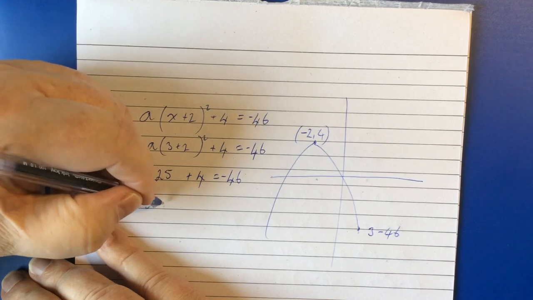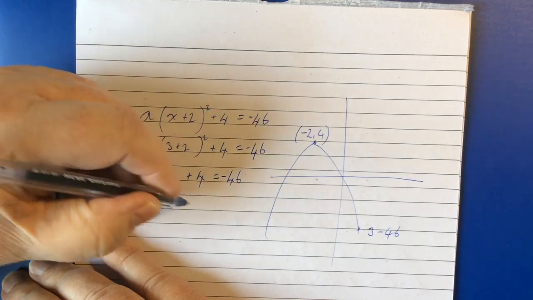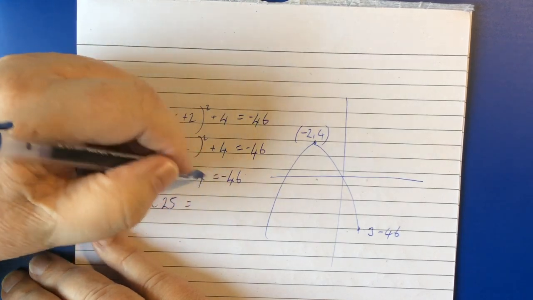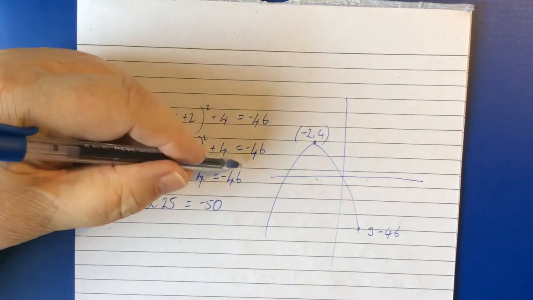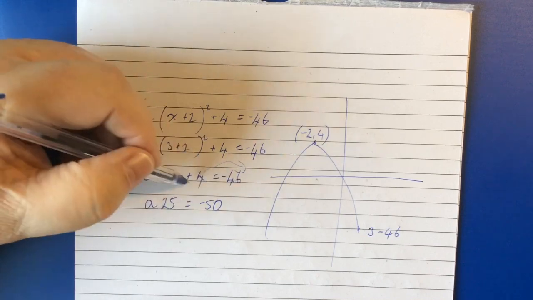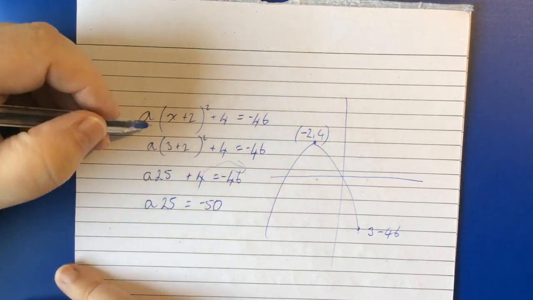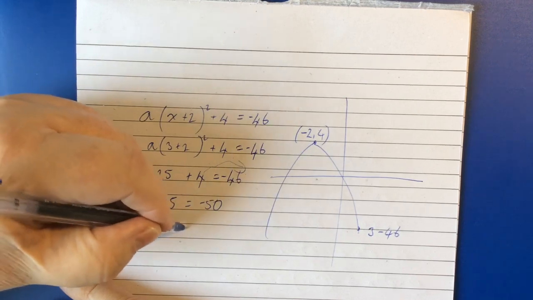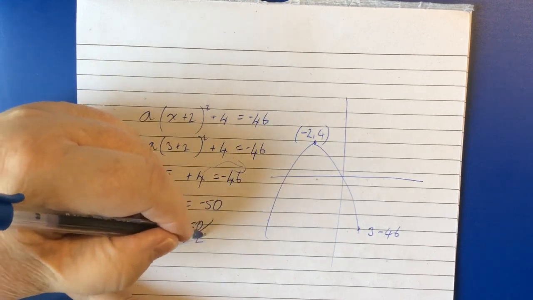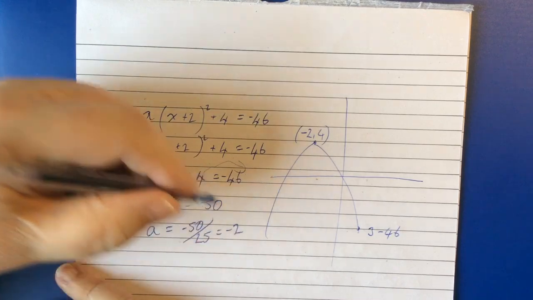So a times 25 equals -50. I've moved the 4 over to this side of the equation, subtracted 4 from each side, and so what we know is that a is going to equal -50 divided by 25, which is -2.